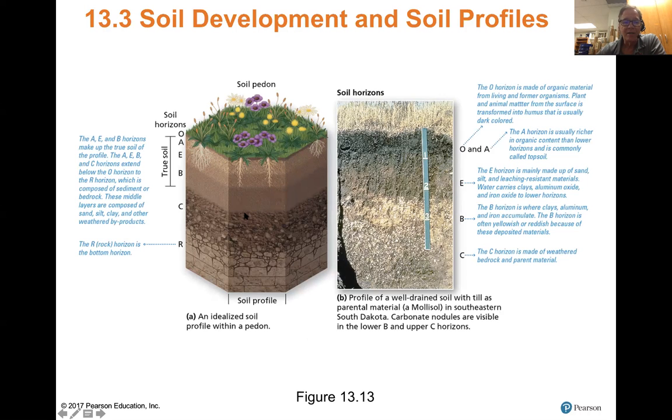So this is the pedon, again, three-dimensional. Here are your different layers: O, A, E, B, C, and then R is the rock at the very bottom. And notice when you go out into the ground, you can see these different layers because of the changes in color and texture. So the O is at the top.